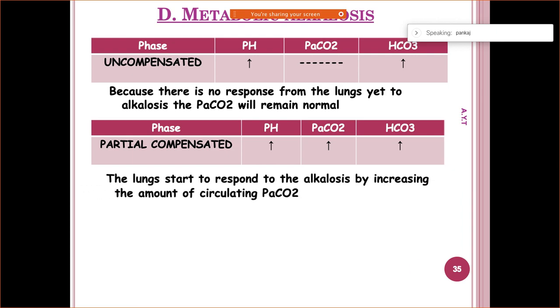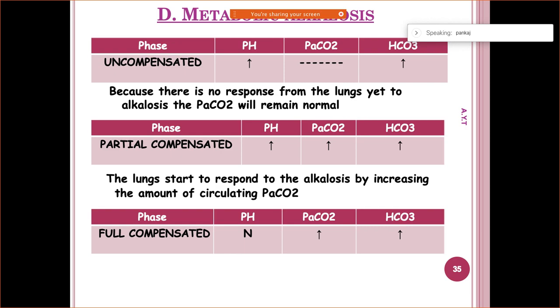That's the way. Wonderful, wonderful. So now what is happening in the last stage? In fully compensated, it is normal pH, and the pH is normal, so that's why it's fully compensated, and the PCO2 and HCO3 are increasing.